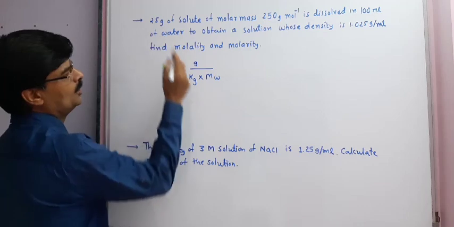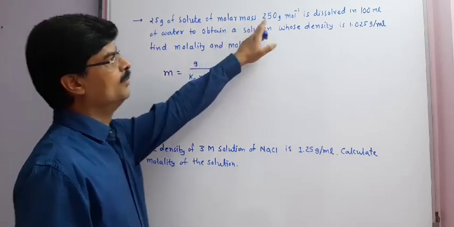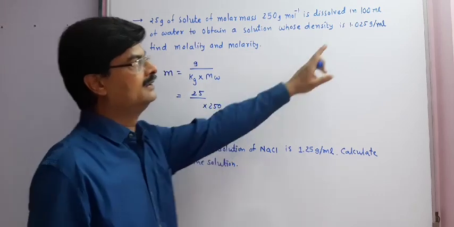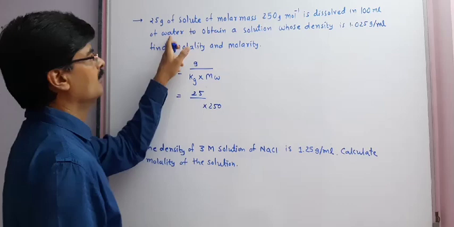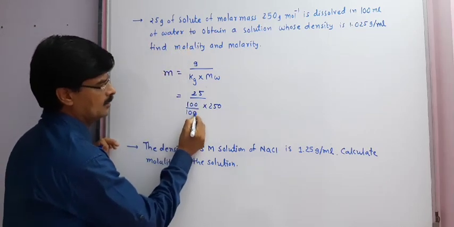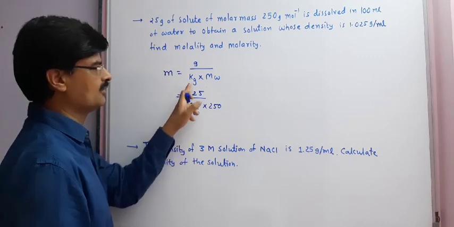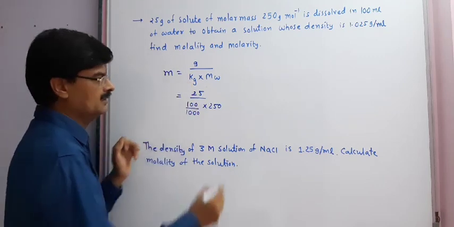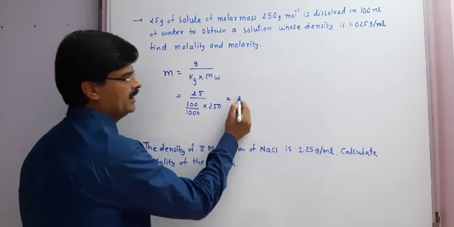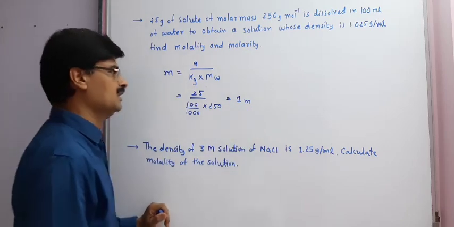So gram of solute is given 25 gram, divided by molar mass 250, and 100 ml water is given. So convert 100 ml to 100 gram, and 100 gram divided by 1000, so it is obtained in kilogram. On solving this, molality comes out to be 1 molal.